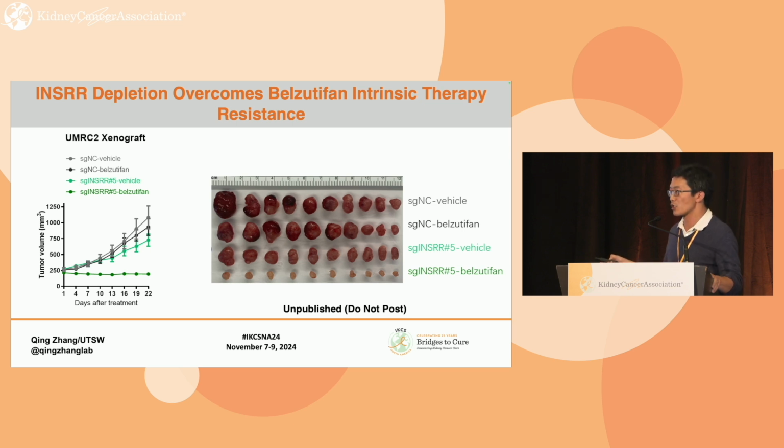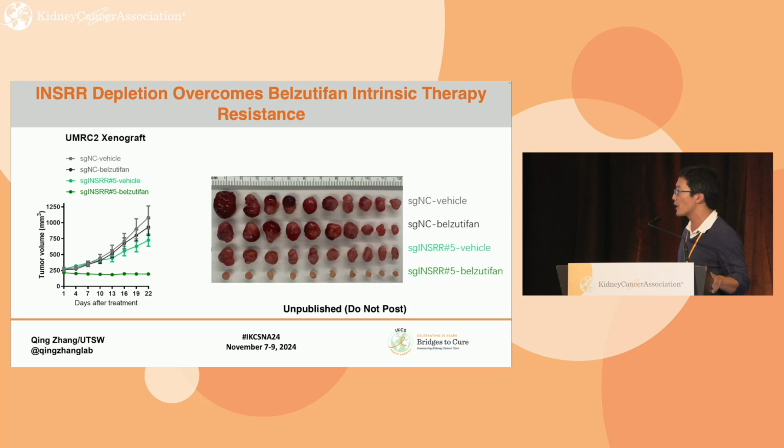I just want to show you one of the CRISPR sgRNAs. In this case, UMRC2 is resistant. When you inject those cells in vivo, the vehicle control grows tumors readily. If you treat with belzutifan, as we expect, they don't respond. If you deplete INSR with CRISPR sgRNA, the tumor grows just like normal.